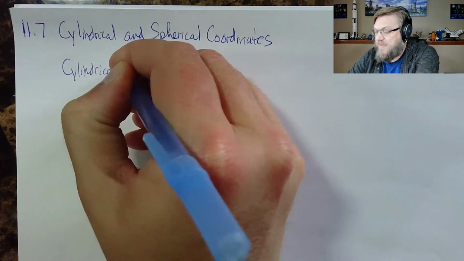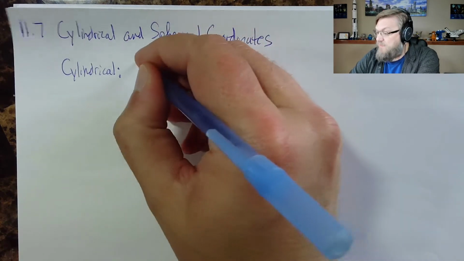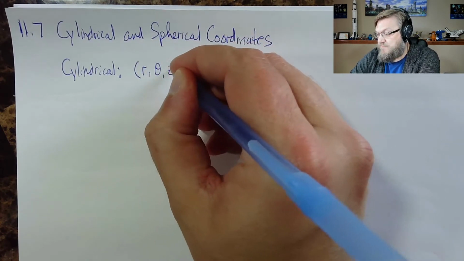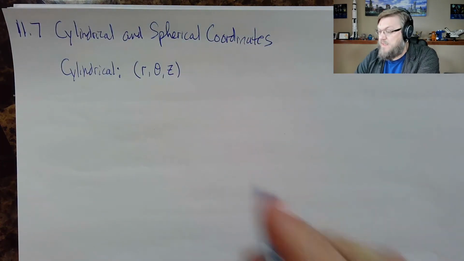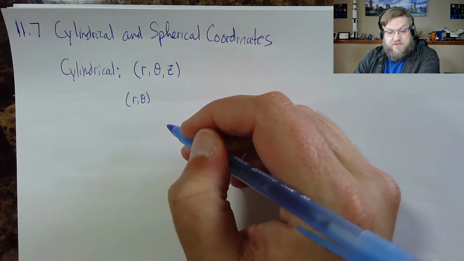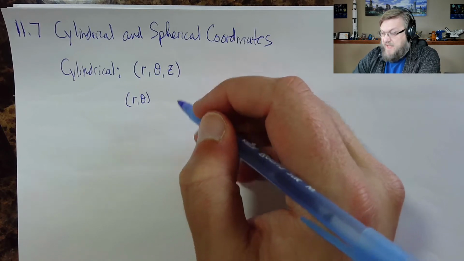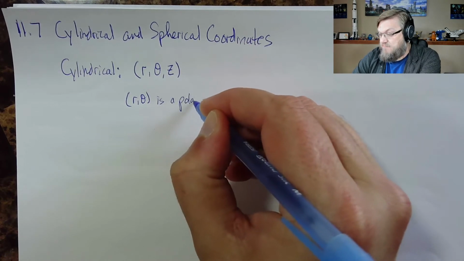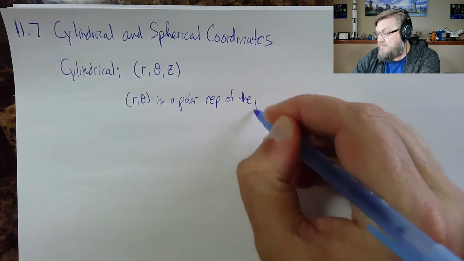How does that work? Okay, cylindrical is going to have three coordinates, and we call them r, theta, and z. Okay, r and theta are exactly the r and theta of polar coordinates. And so we say that r and theta is a polar representation of the projection of the point.